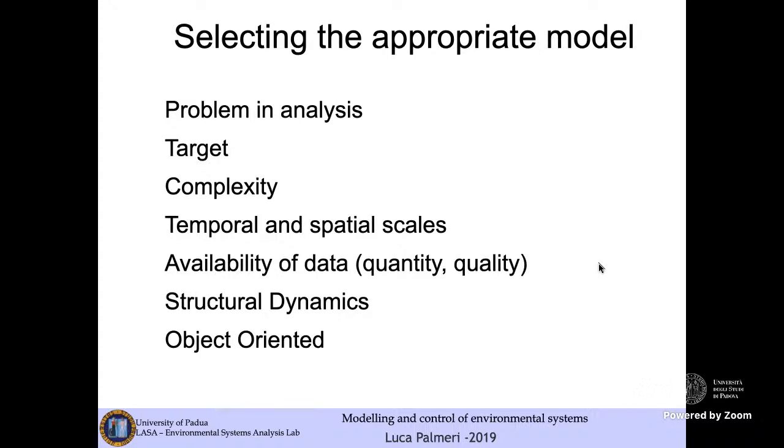Then the target of a model is another important aspect that will guide you in the selection of the appropriate model. Again, for example, if your model is a eutrophication model in a shallow water body, then you shall employ, for example, a lake model in which you shall include all the relevant aspects that may interact with the eutrophic process in the lake.